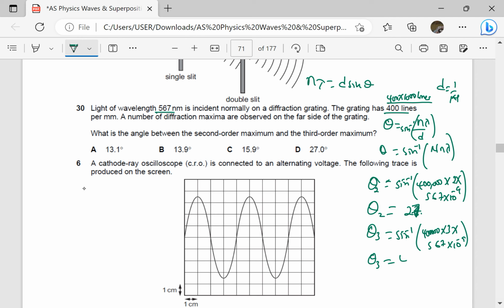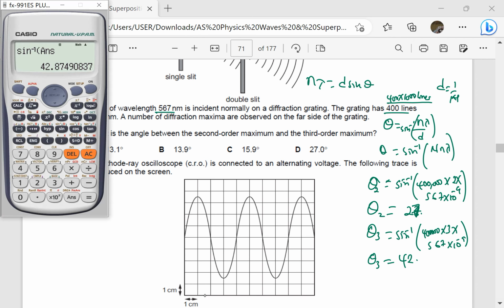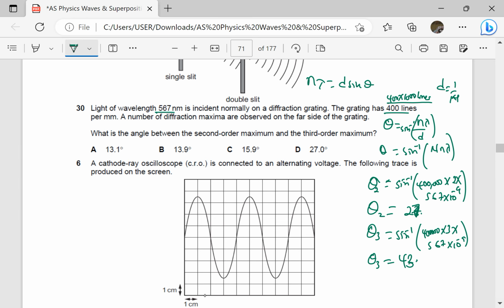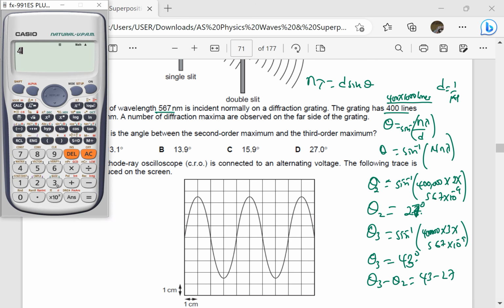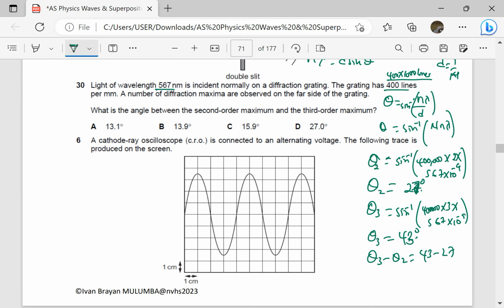So theta 3 is equal to 42 point something, approximately 43 degrees. So we get a difference, theta 3 minus theta 2: 43 minus 27, that is approximately 16. So the answer is going to be C. That is 15.9, which is approximately 16.